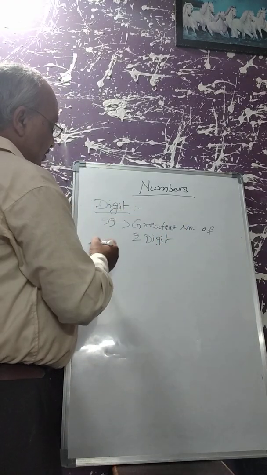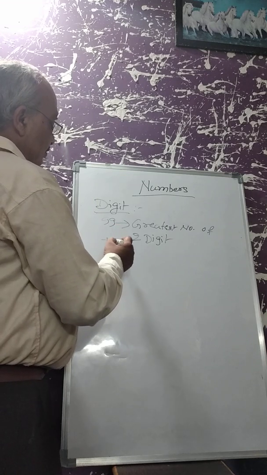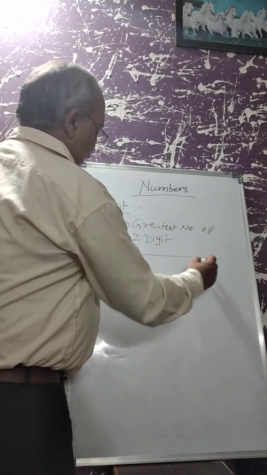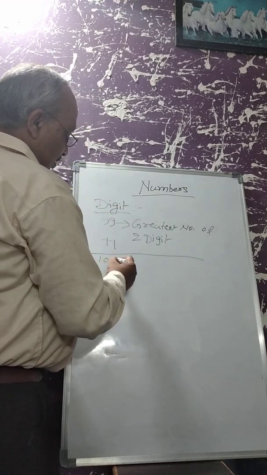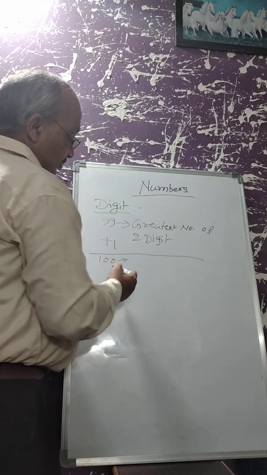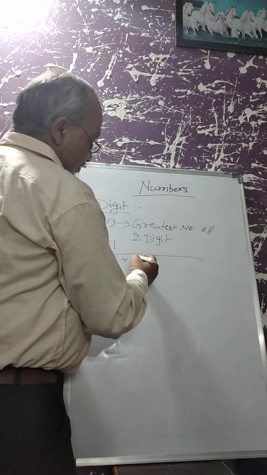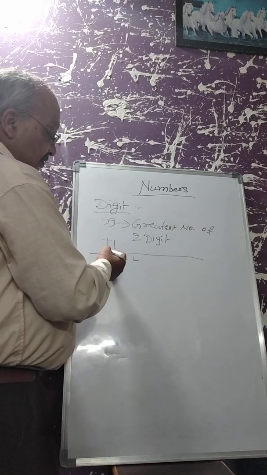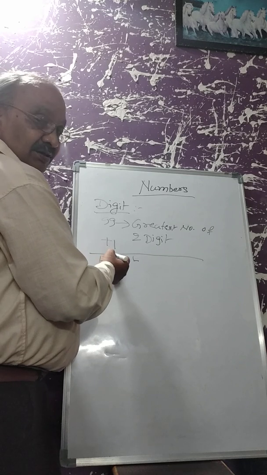Am I correct? Just add plus 1. What will you get? It is 100, which is a 3 digit number, and it is the lowest number, because below that there will not be any 3 digit number.